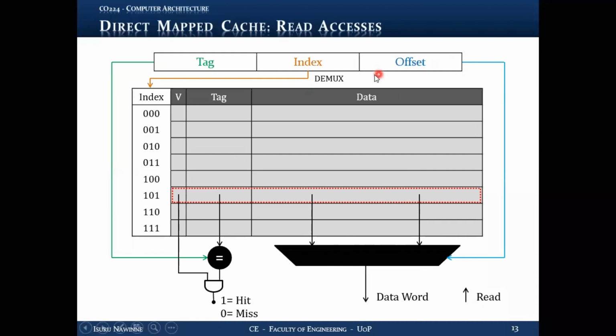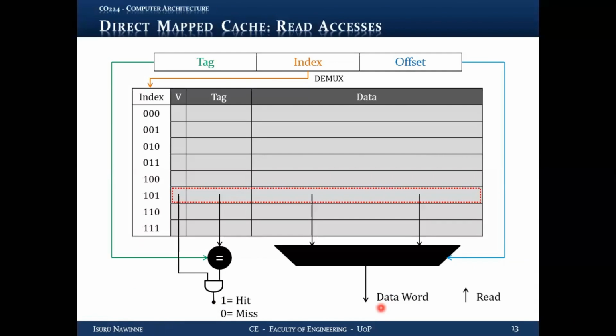The entire offset can be used to figure out the exact byte the CPU is asking for, but we only need the more significant portion of it to figure out which word you need. Since we have only two words in a block, we need only the most significant bit of the offset field, and use it as a select signal to get the correct data word. If we have a hit here, you can send the data word to the CPU.